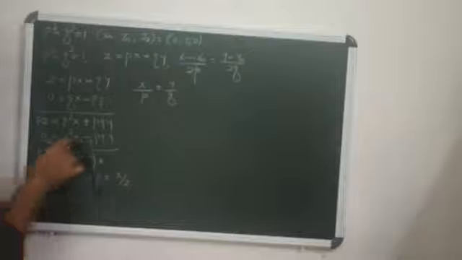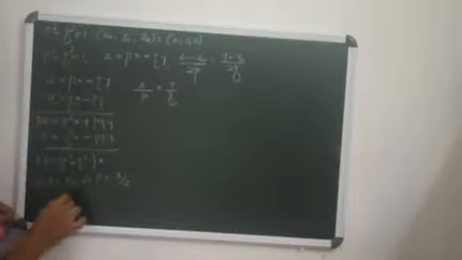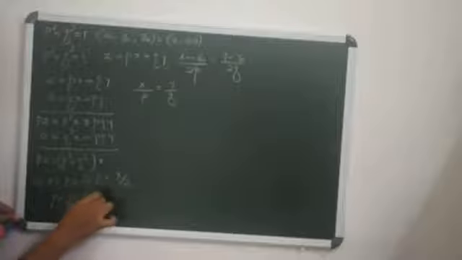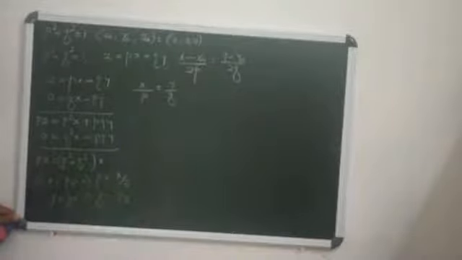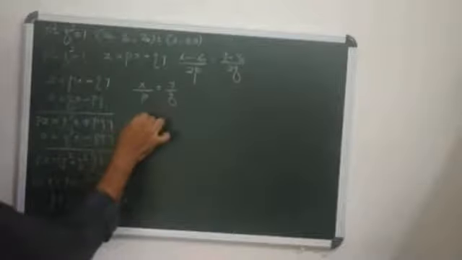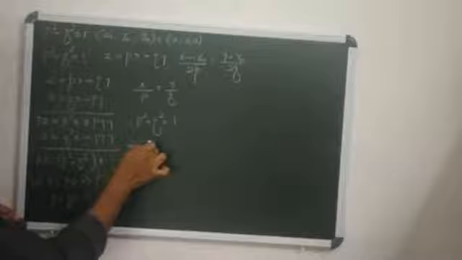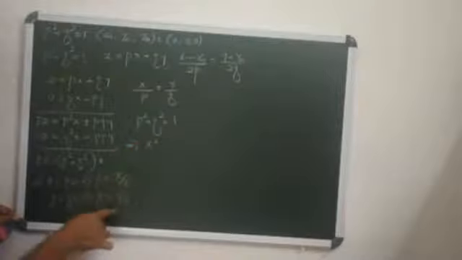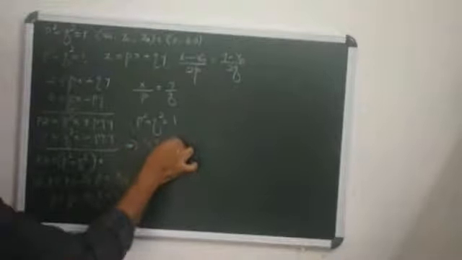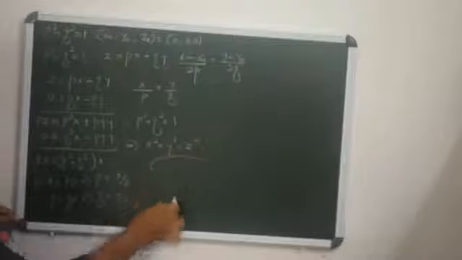Similarly, you can solve by multiplying. You have y equals qz. That implies q equals y by z. Again, we know that p square plus q square equals 1. So that means x square by z square plus y square by z square is 1. That is x square plus y square equals z square.